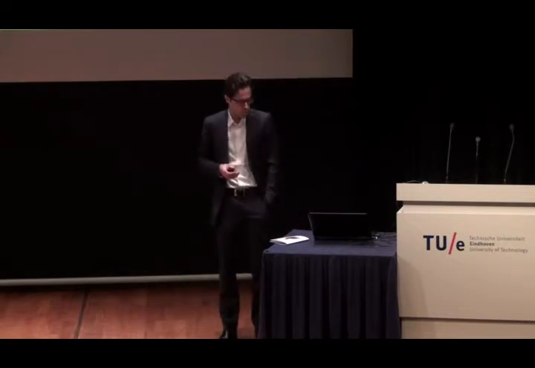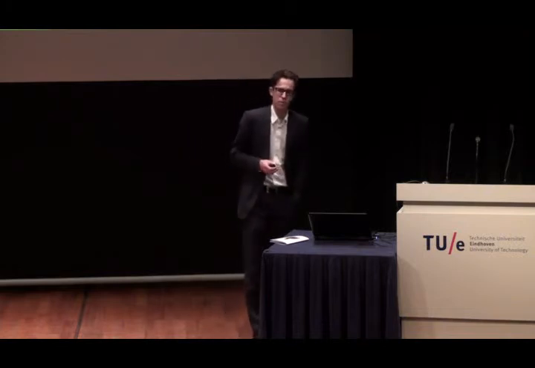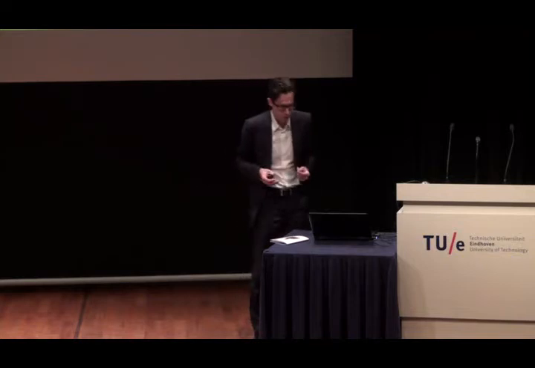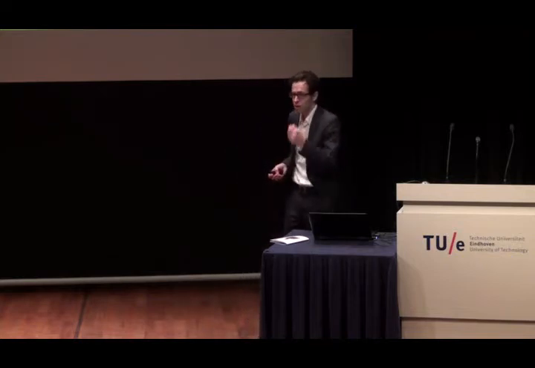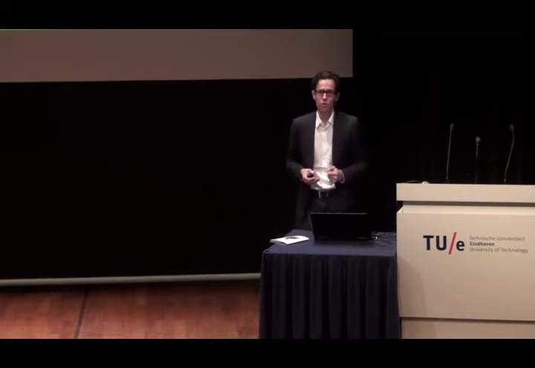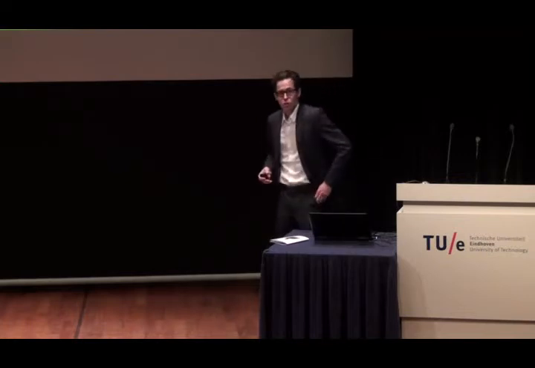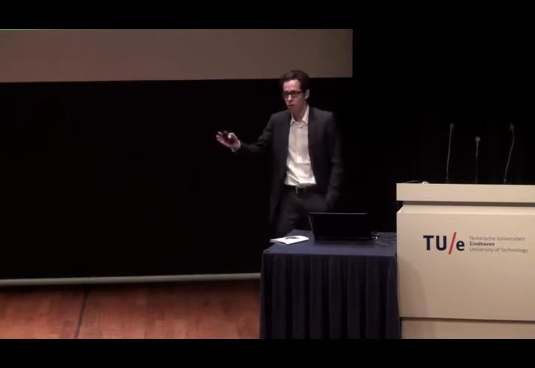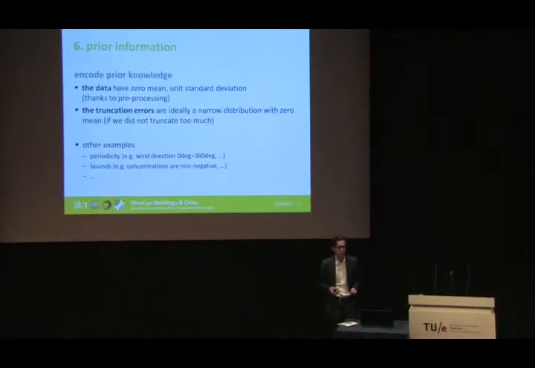One more major ingredient, that's prior information. You can include some subjective prior information. It's things that you know. For example, my data, I did some pre-processing. I know that it has a mean 0 and a standard deviation of 1. Something that I know, I can use this when I'm going to make predictions. I also know I truncated because I did a POD analysis, I threw away some data, so I have a truncation error.